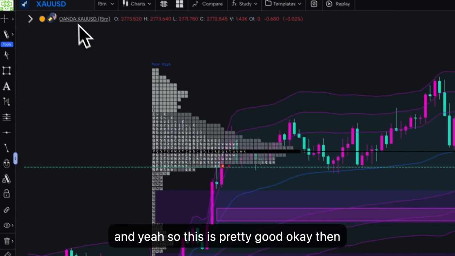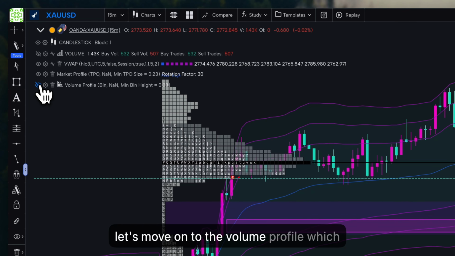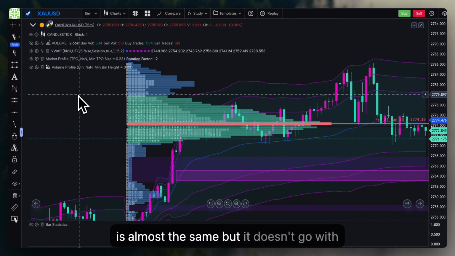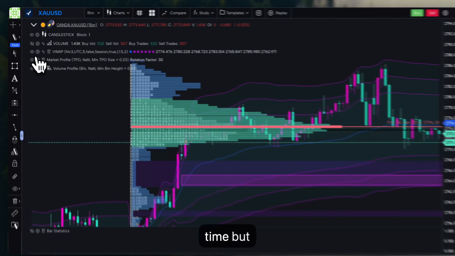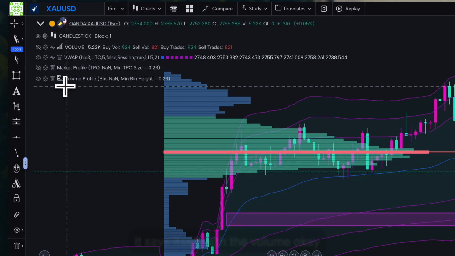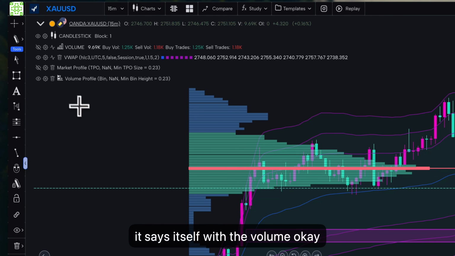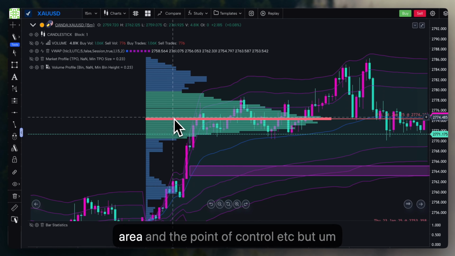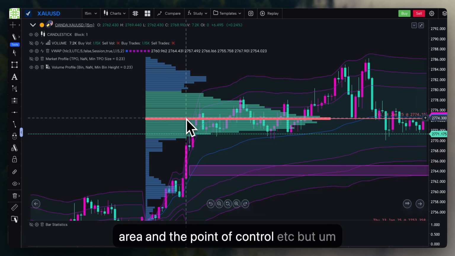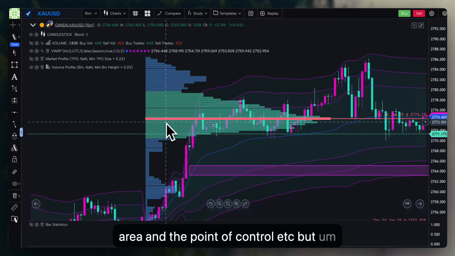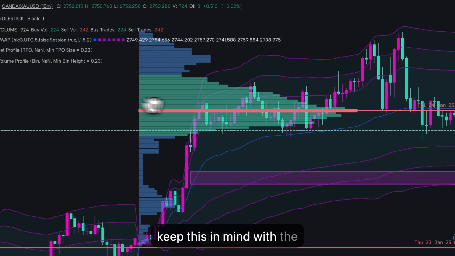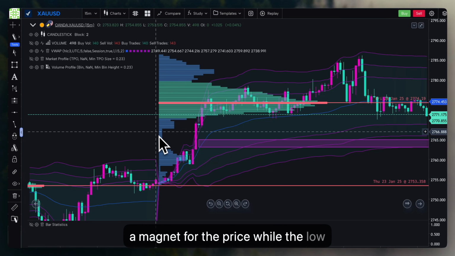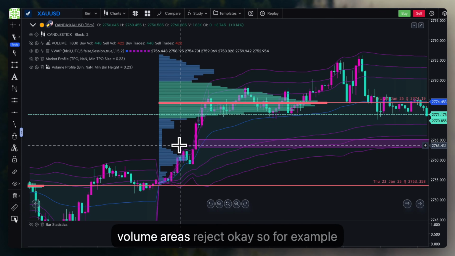Okay, then let's move on to the volume profile, which is almost the same, but it doesn't go with time, but as it says itself, with the volume. We still have the value area and the point of control, etc. But keep this in mind, with the volume, high volume areas are a magnet for the price, while low volume areas reject.